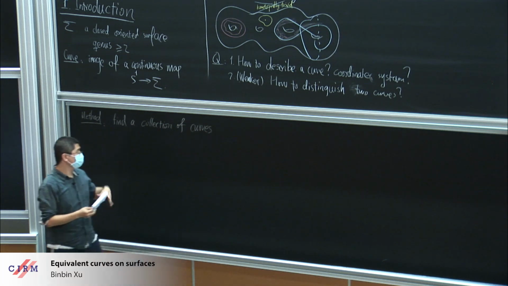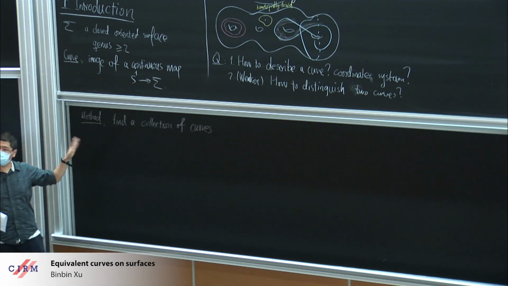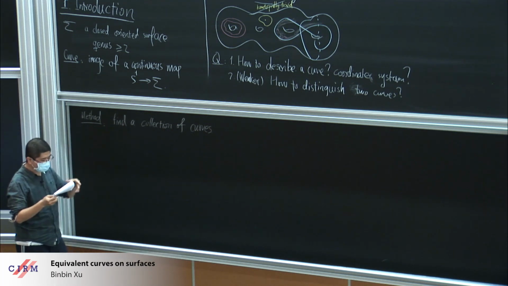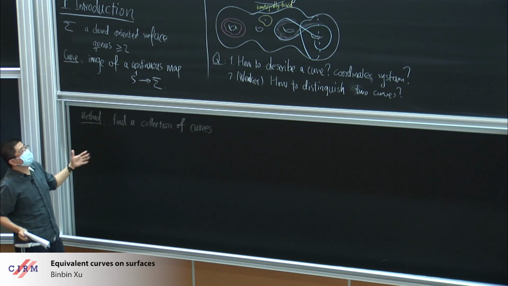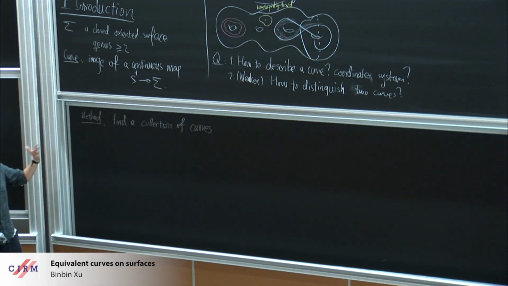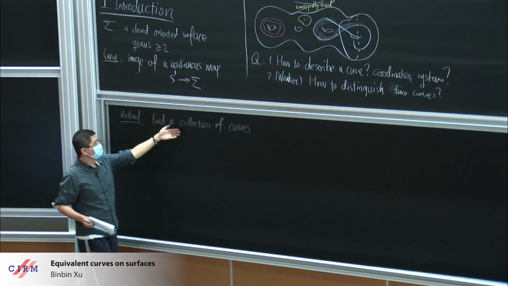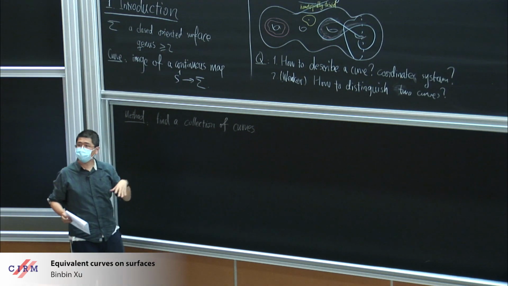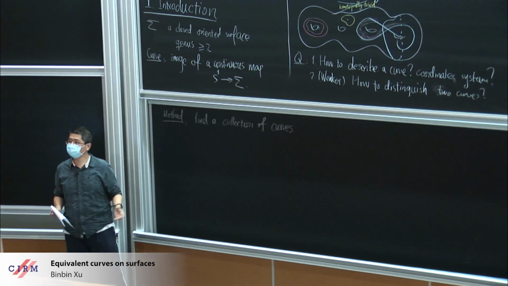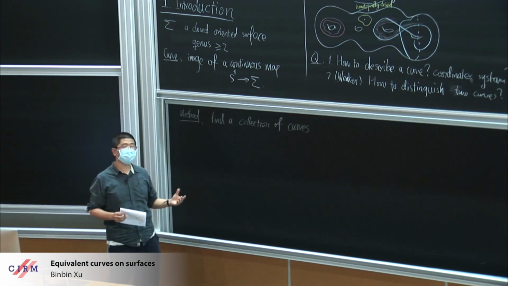Once we find this collection of curves, we choose it and fix it. And then given any other curve, we consider the intersection of this curve with the curves in this collection and try to see whether this information is enough to determine the curve.